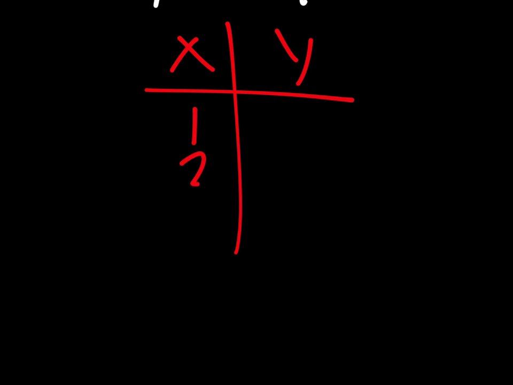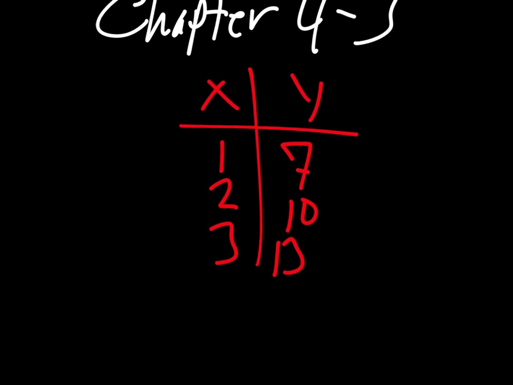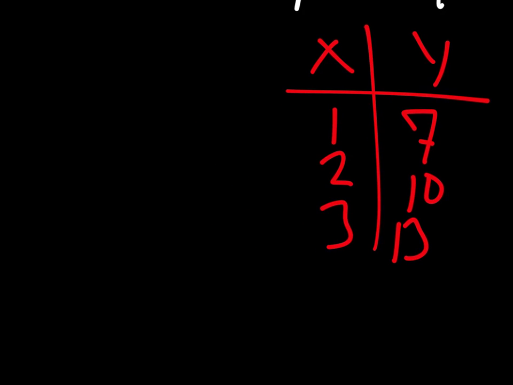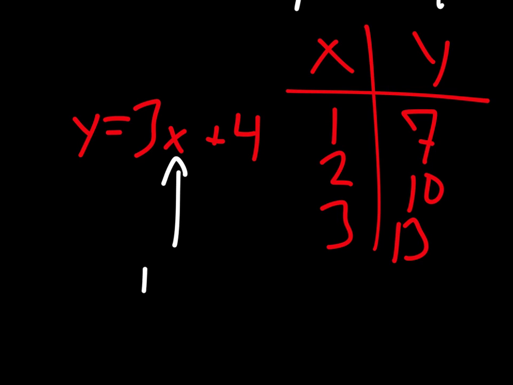We have a 1, a 2, and a 3. We have 7, 10, 13, okay? So this table of values is put together by the function y equals 3x plus 4, in which the x is an input, or as we learned earlier, called a domain, and this is our output.